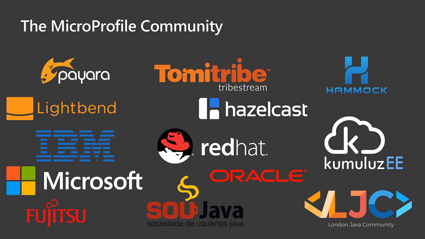What's on the slide right now is a little snapshot of the community that is working with MicroProfile. Some of them already have implementations created, including Red Hat. Red Hat has a microservice implementation called Thorntail.